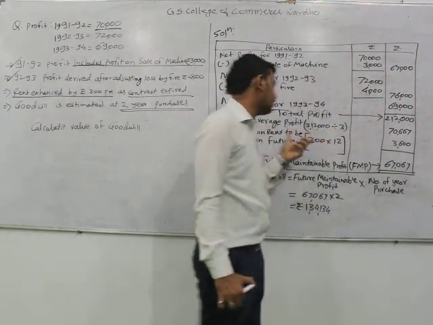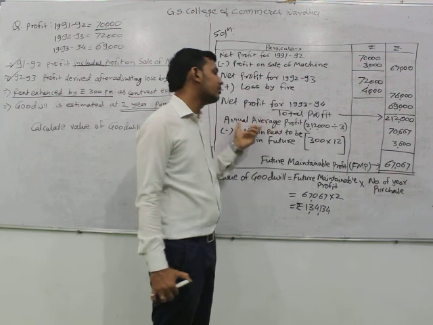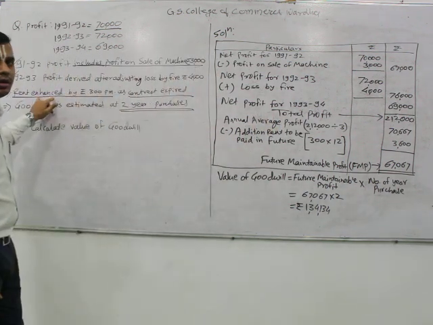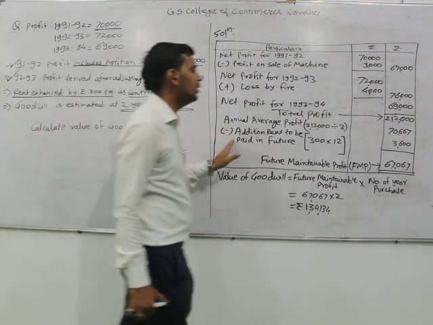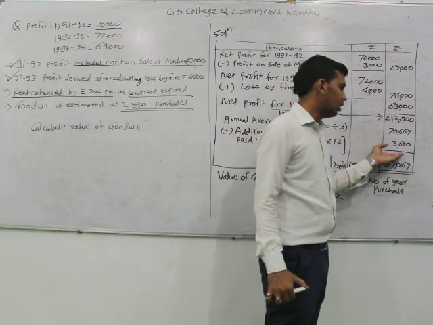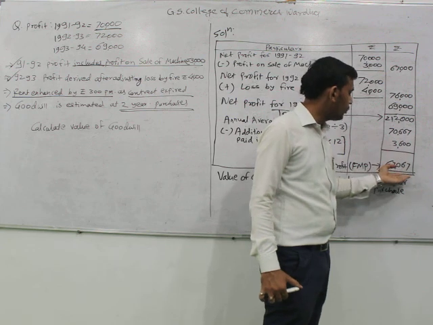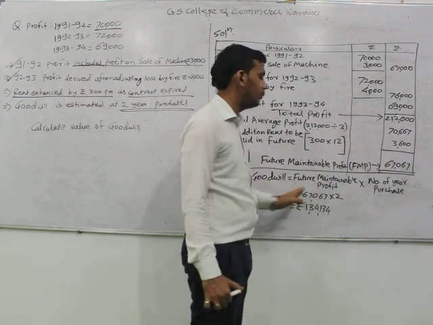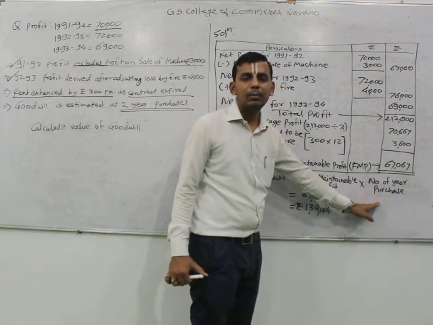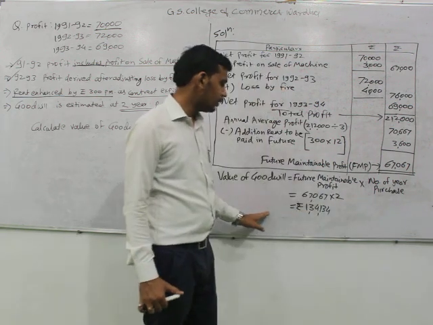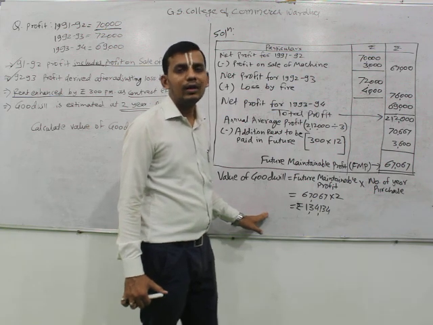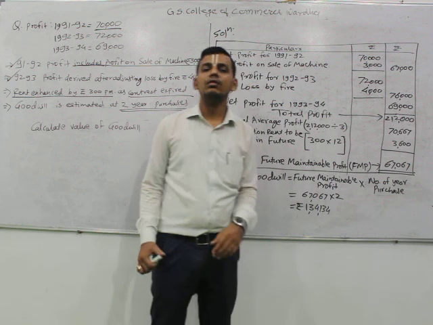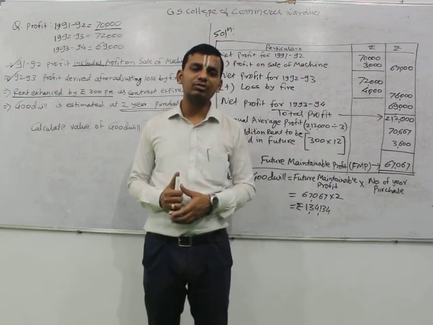After that, we got the annual average profit, but along with that there was an additional adjustment related to rent for the future, hence we deducted that rent enhancement from our profit, and we got our future maintainable profit. As soon as we got our future maintainable profit, we multiplied it by the number of years of purchase, and we got our value of goodwill, that is 1,34,134. This is it for this lecture.